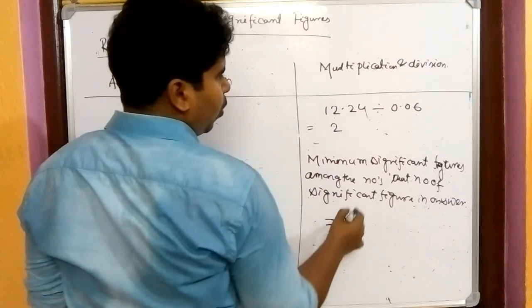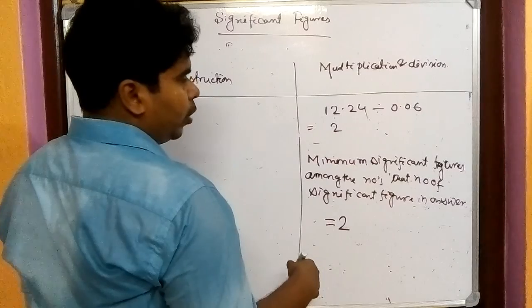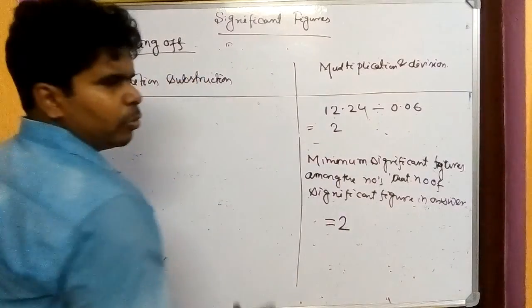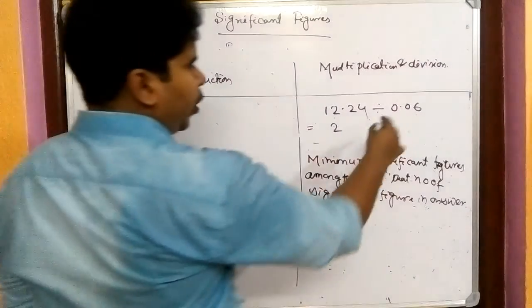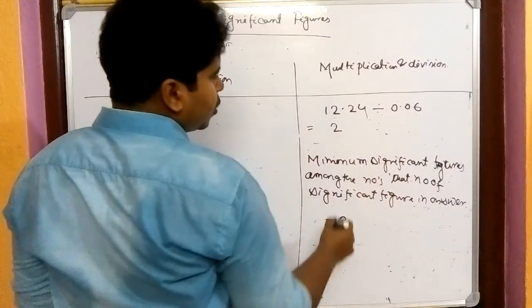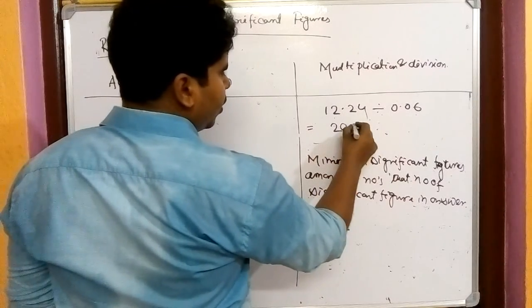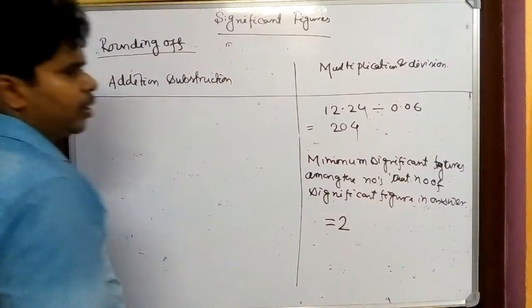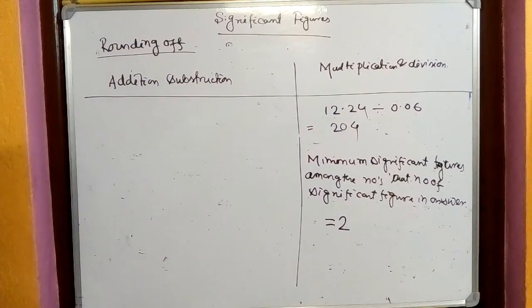One point, if we have done, the point will be cancelled out. If there is no point, there is no problem with us. So the point will cancel out. 6 2s are 12, 0, 2 4, 6 4s are 24. So the answer will come 204.